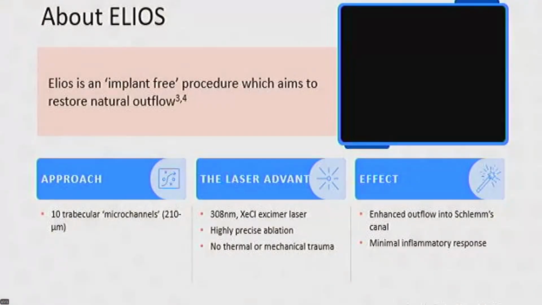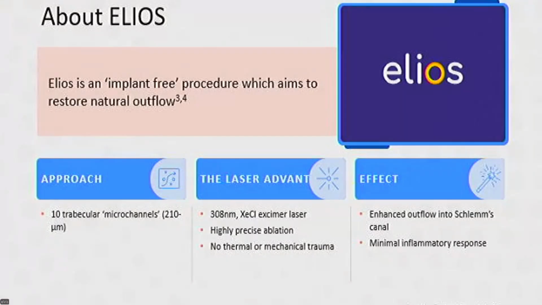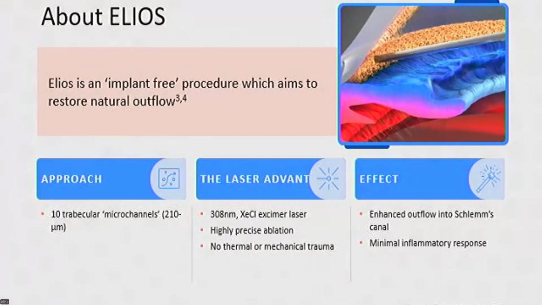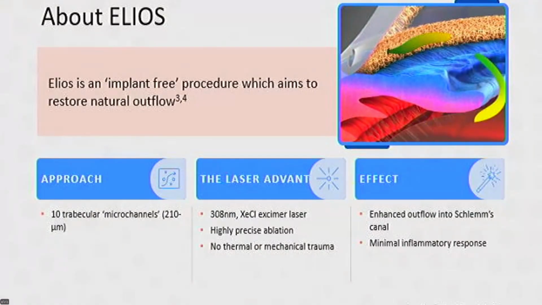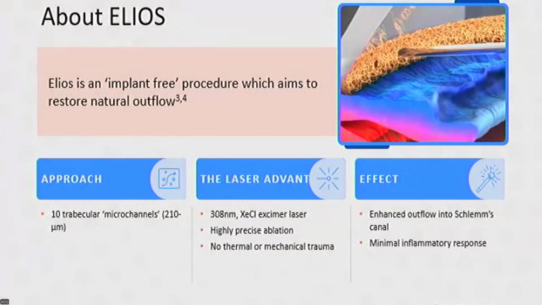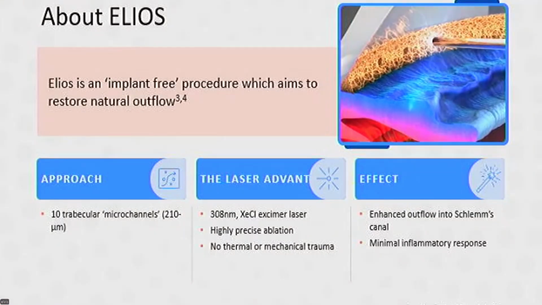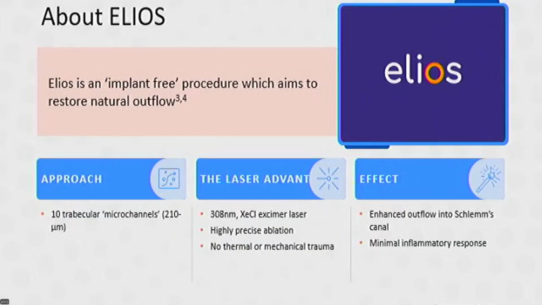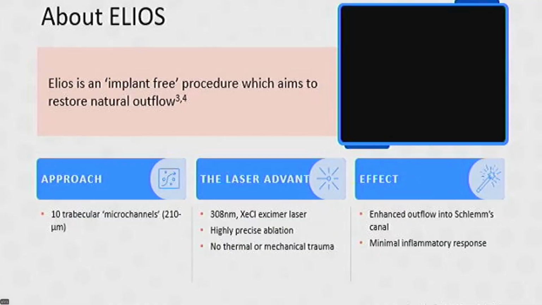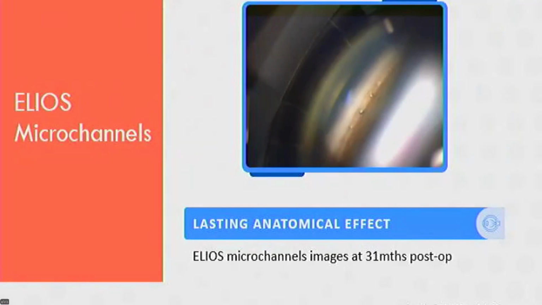We can also use excimer laser. So this is another technology that utilizes a miniaturized excimer laser basically on a fiber optic line to deliver focal 200 micron channels that perforate through the trabecular meshwork into Schlemm's canal as well. And so you can see these channels, again, remain persistent for many years.